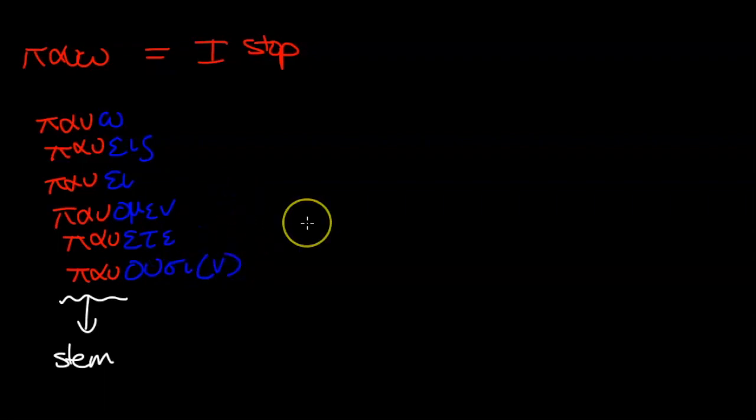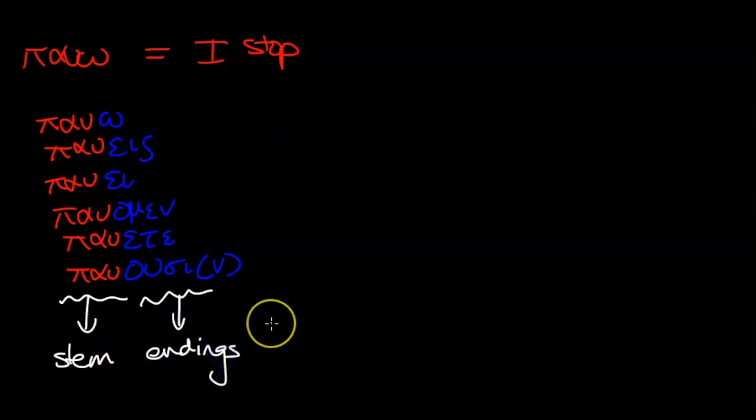Okay, so let me just go through all of that again. So παύω, παύεις, παύει, παύομεν, παύετε, παύουσι. So you've got your stem here, the παυ, and here you've got your endings.